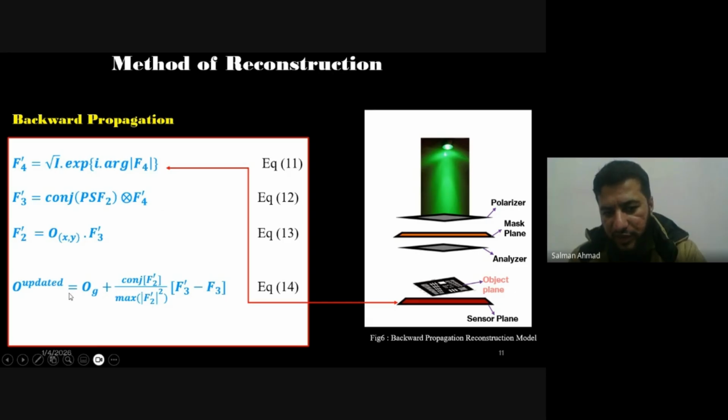After that, the updated object, the detailed image, has different parts. One is O, G, plus the conjugate of F2 prime divided by the maximum of the absolute square of F2 prime, times F3 prime minus F3.